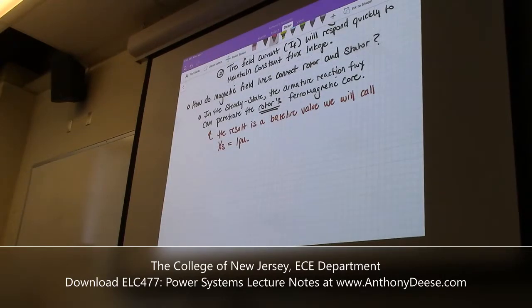Okay, all of these values are going to be relative to one another. So we'll use 1 per unit as our starting point, the synchronous value. And now what we're going to do is compare the transient and the subtransient values to that baseline.